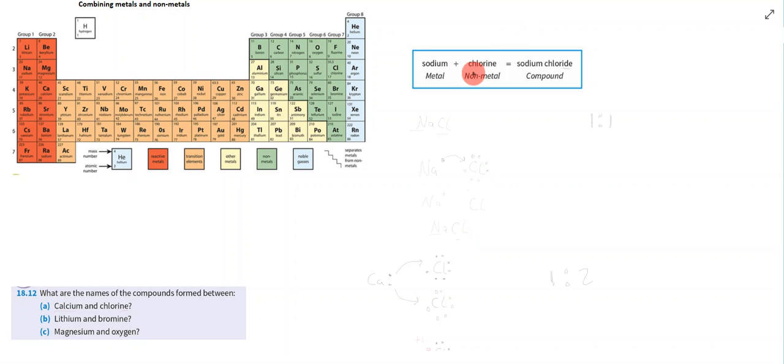And the other thing that's important is naming. When a metal combines with a non-metal, you want to give that new compound a name. The name of the metal part will come first, followed by the non-metal part, and you'll add an ide at the end. So for example, when sodium combines with chlorine, you get sodium chloride.